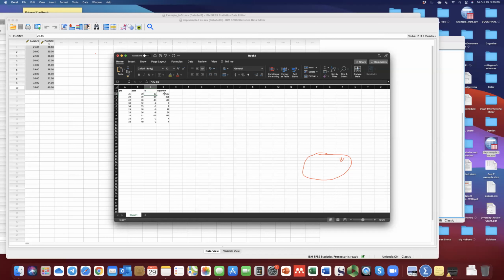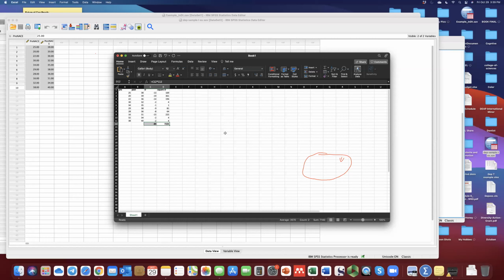And then for each of these, we square, so 13 squared is 169, 19 squared is 361, etc. And then just for these 2 columns, you just need to sum them up. And so when you sum up the columns that you just created, your D and your D squared, you'll get negative 85 and 7,225.